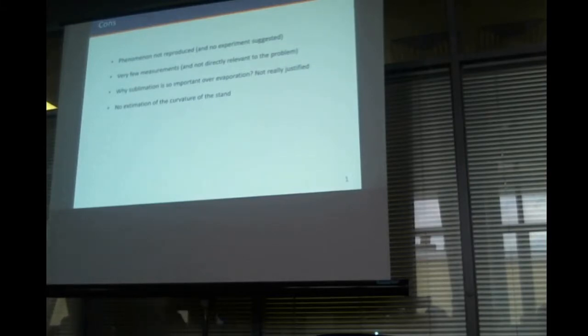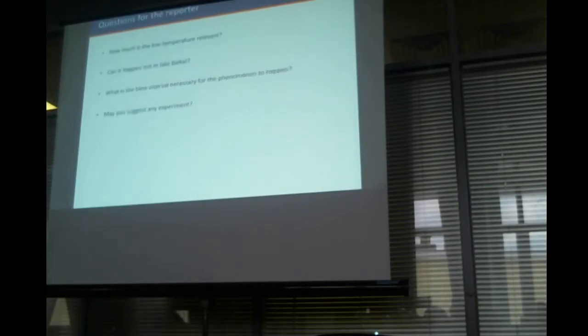No estimation of the curve of the stand. You just simulated. Direct estimation, for example: if you go over the first iteration, how does that image change? For example, is it more regular, does it assume a different shape, something like that? Then, the questions I ask you are: how relevant is the low temperature?